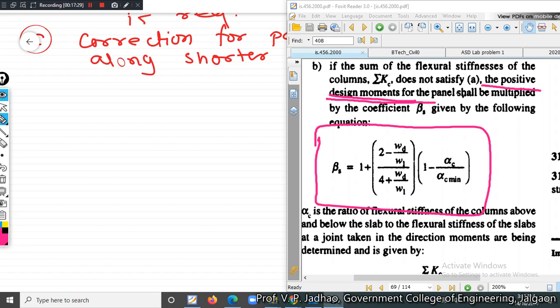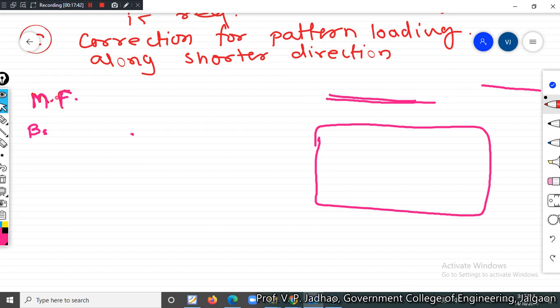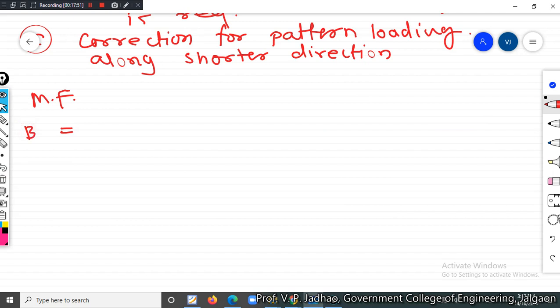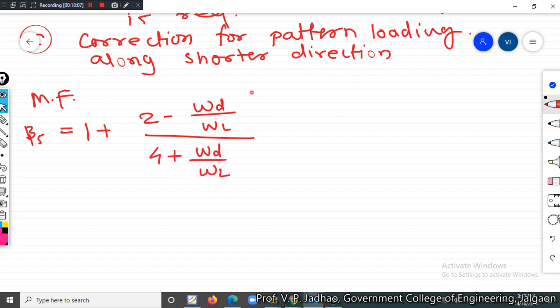We have the multiplication factor beta S, which is equal to 1 plus the quantity 2 minus WD upon WL divided by 4 plus WD upon WL ratio, and multiply this complete with 1 minus alpha c divided by alpha c minimum.